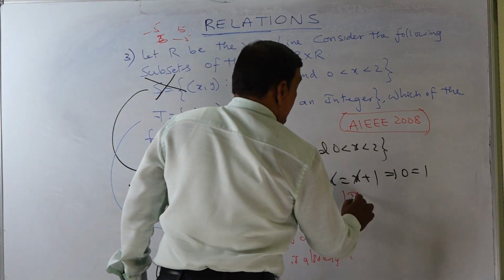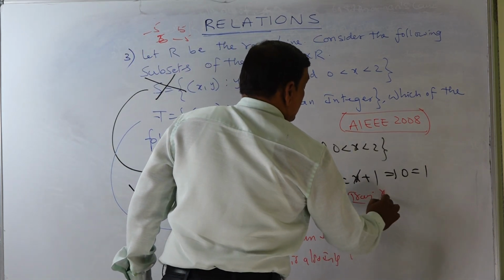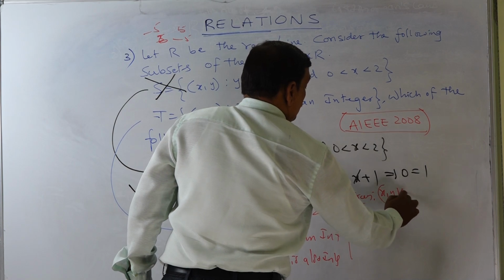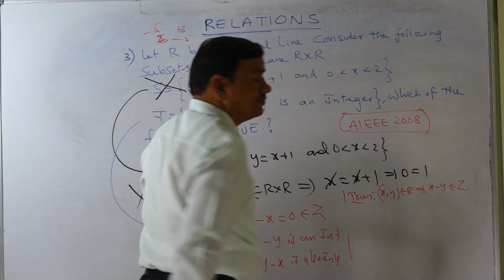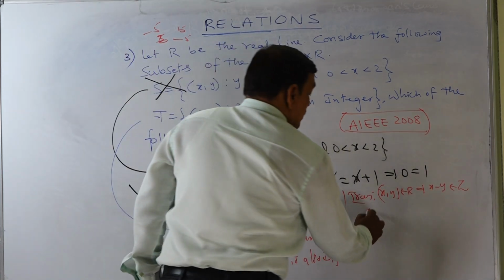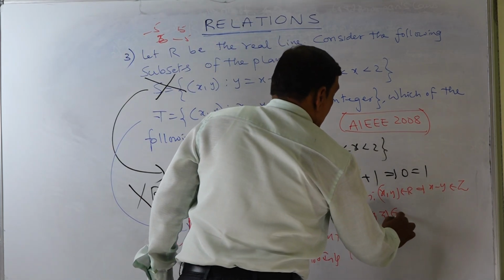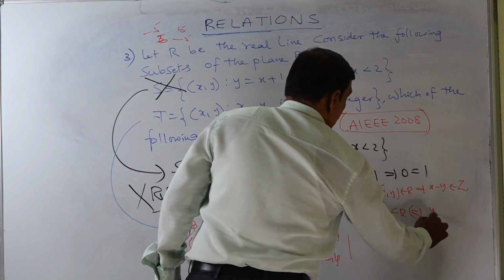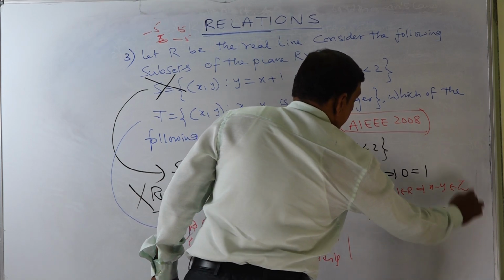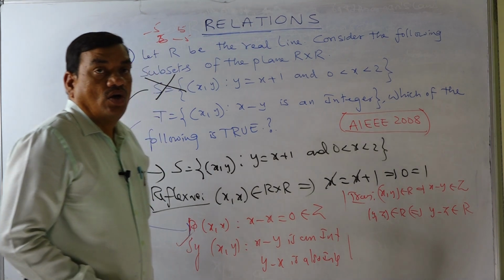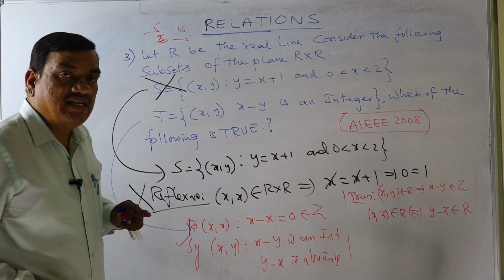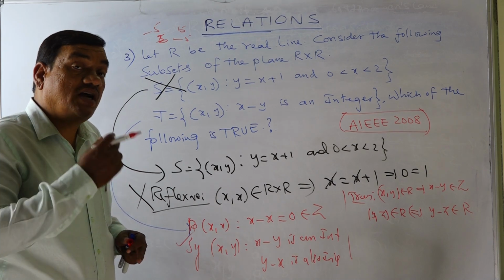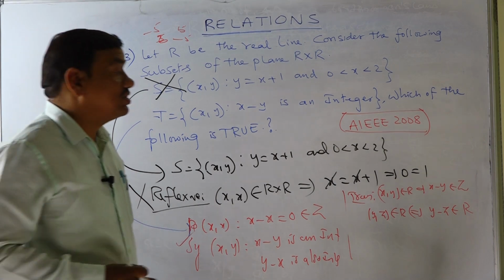Now coming to transitivity. Let us take (x, y) belongs to the relation. Therefore, x minus y is an integer. Let us check (y, z) belongs to R. This implies y minus z is an integer. So both are integers: x minus y is an integer, y minus z is also an integer. The sum of two integers is also an integer.